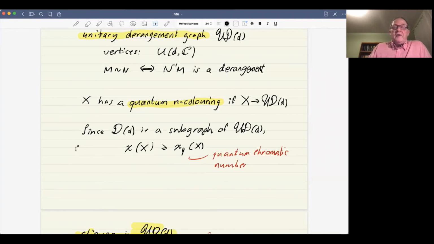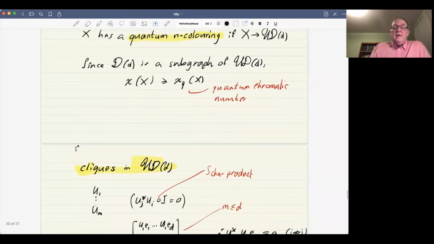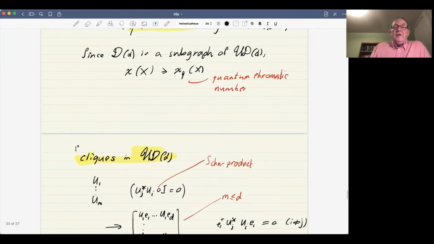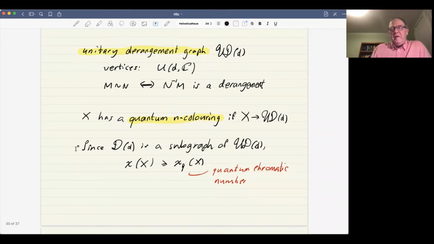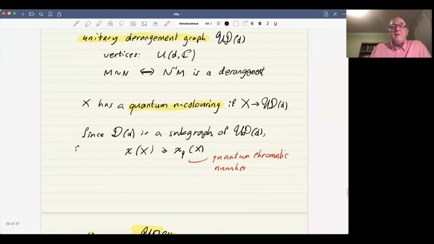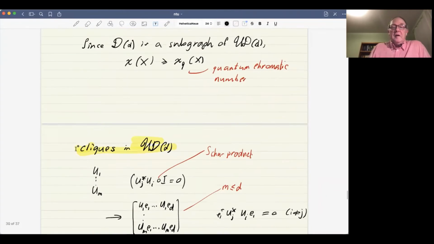The comment is that since the ordinary derangement graph is a subgraph of the unitary derangement graph, the permutation matrices being unitary matrices, you see that the quantum chromatic number is bounded above by the classical chromatic number. Now, I should say that what I'm giving you is somewhat simplified. The official definition of quantum coloring is more complicated than what I've given you, but this has been used, and so it's a good place to start. So I won't say anything more about that.